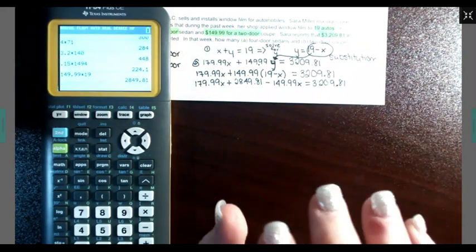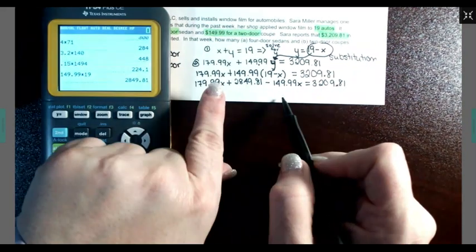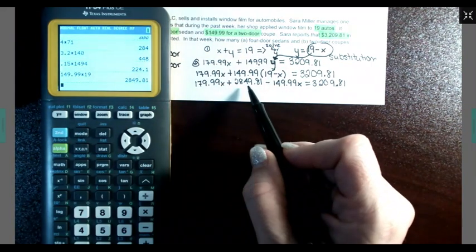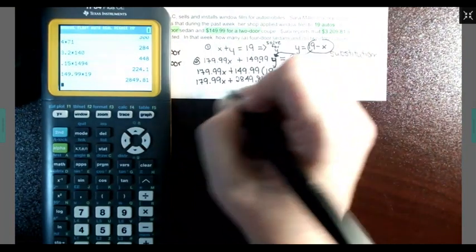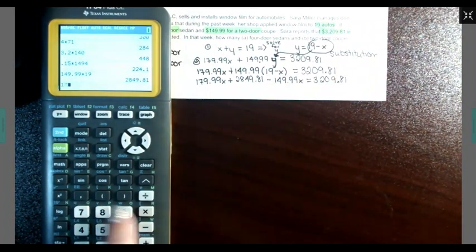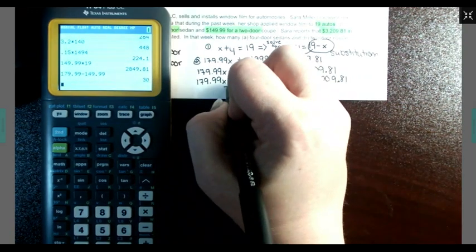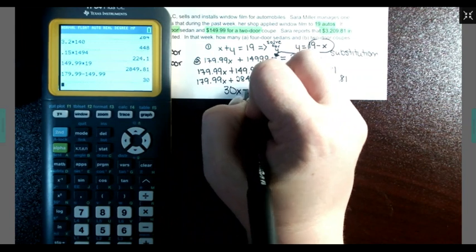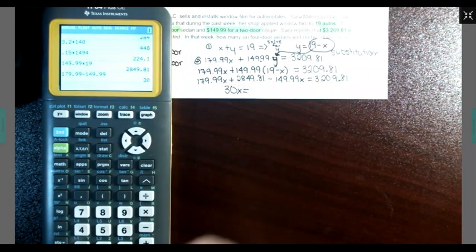I want to do some combining of like terms. I've got a set of x's on this side, and then I have a constant. So the first thing I'm going to do is take the 179.99 and subtract the 149.99. That gives me 30x. I'm also going to do another step in the same moment.